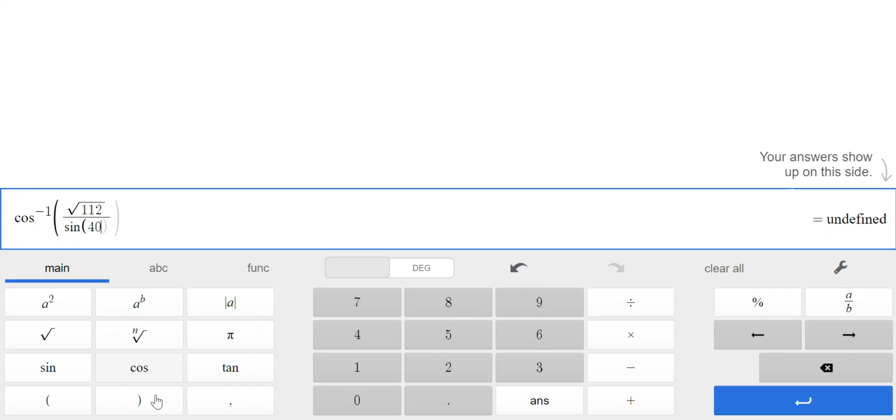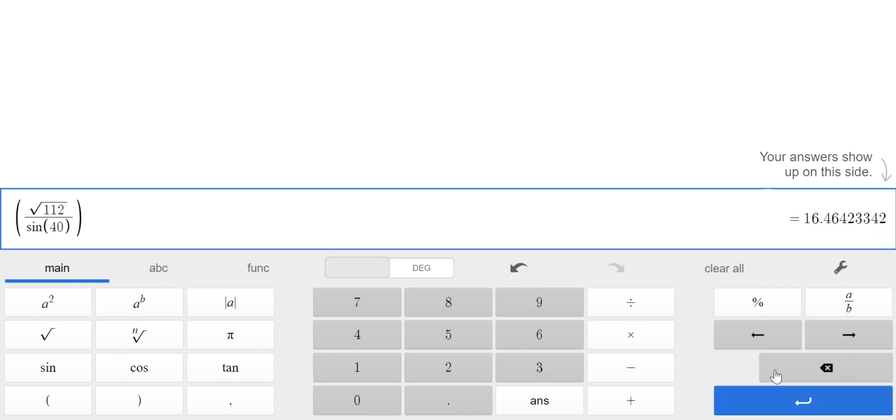I've left something in there that shouldn't be there, which is the inverse cosine bit at the beginning, so I'm going to get rid of that. Remember, this is the calculator that you'll have access to on the e-assessment, so you can do this on your e-assessment and press that button to paste it in.